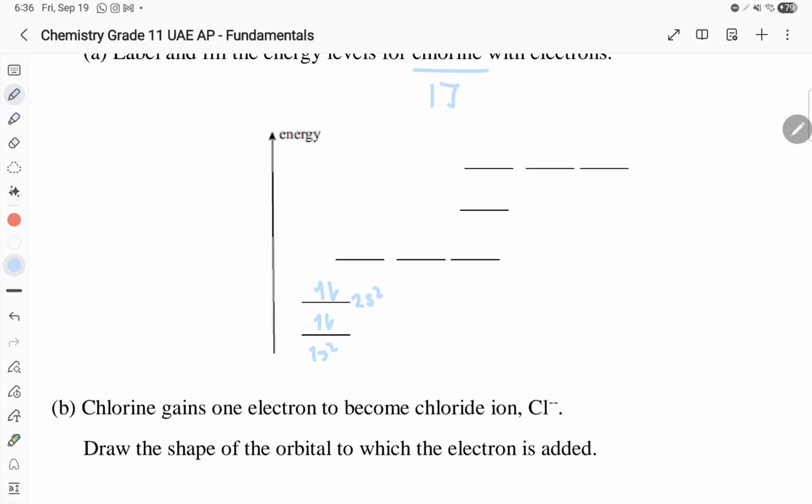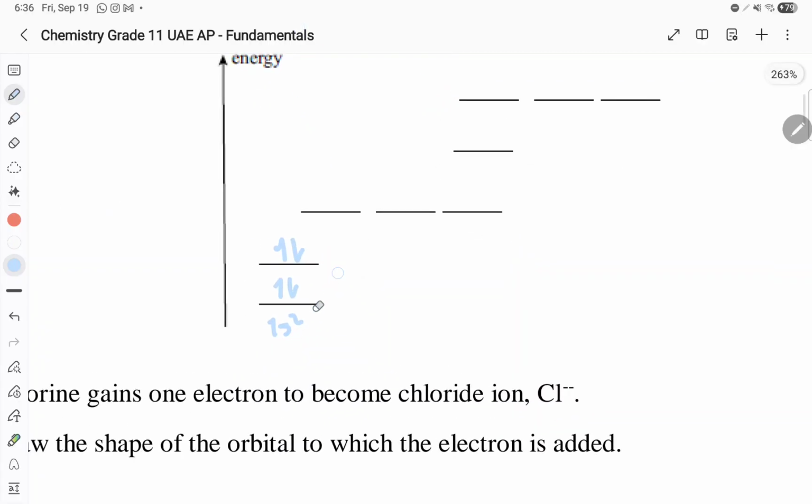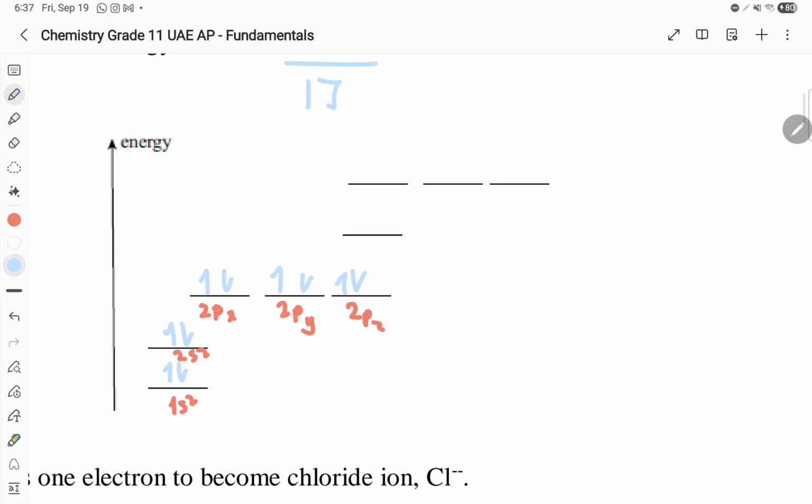Actually, I'm going to write in red the 1s2, 2s2, 2px, 2py, 2pz. And it's going to be up, up, up, down, down, down.